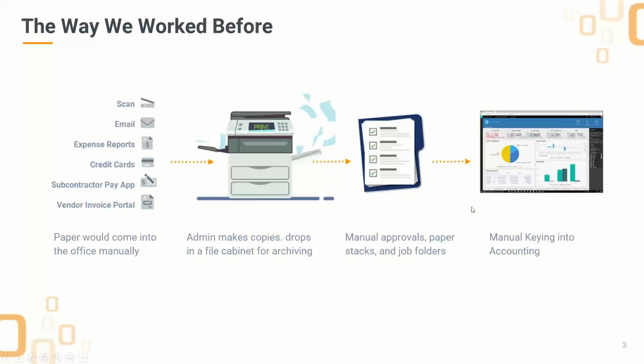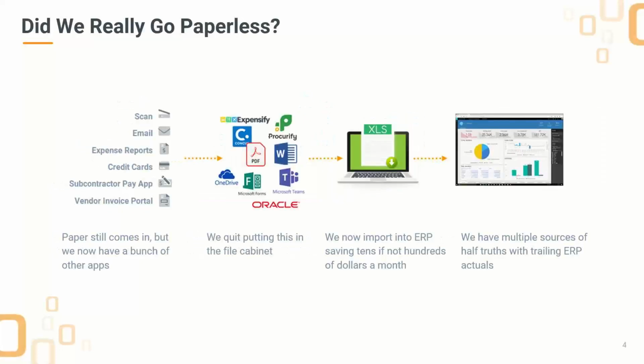But we thought that if we take these paper documents and put them in an accounting system, that is automation. What we started to learn is, yeah, we were making the documents electronic, but were we really creating automation and real-time reporting on data? Well, we weren't really. What started to happen was we took all these expense reports and invoices and what have you, and we started to put them into different systems, right?